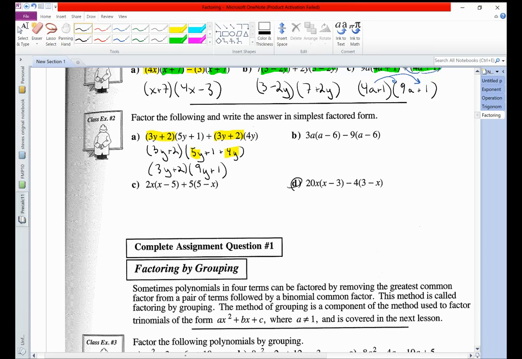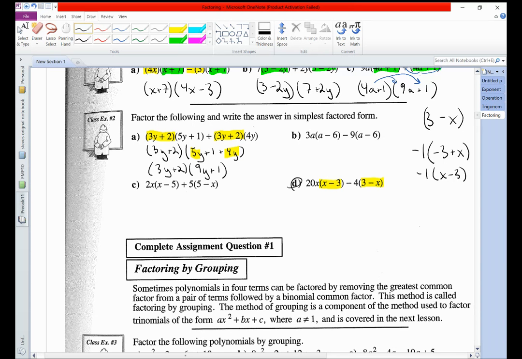Ooh, this one's an interesting one. You can see that this binomial and this binomial are not quite the same. But what you can do is, with 3 minus x, factor a negative 1 out, which changes the signs within the brackets. And now we can rearrange these terms to be positive x minus 3.